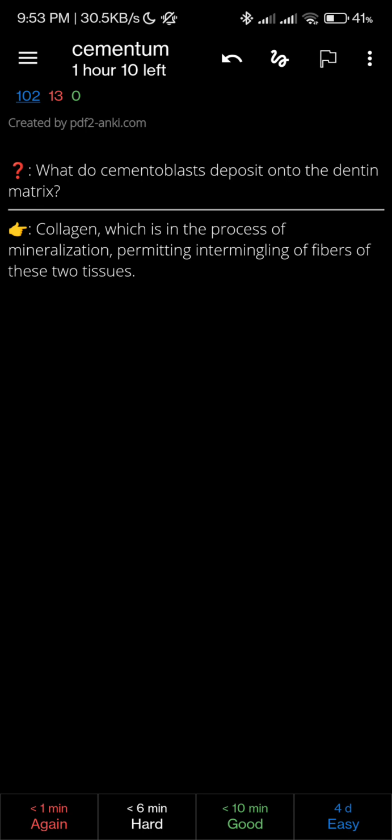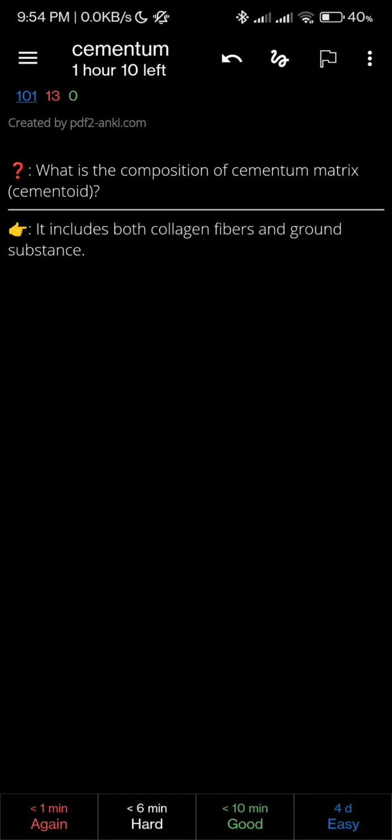In the process of mineralization, permitting intermingling of fibers of the two tissues. Cementoblasts are derived from the dental follicle of the tooth germ.